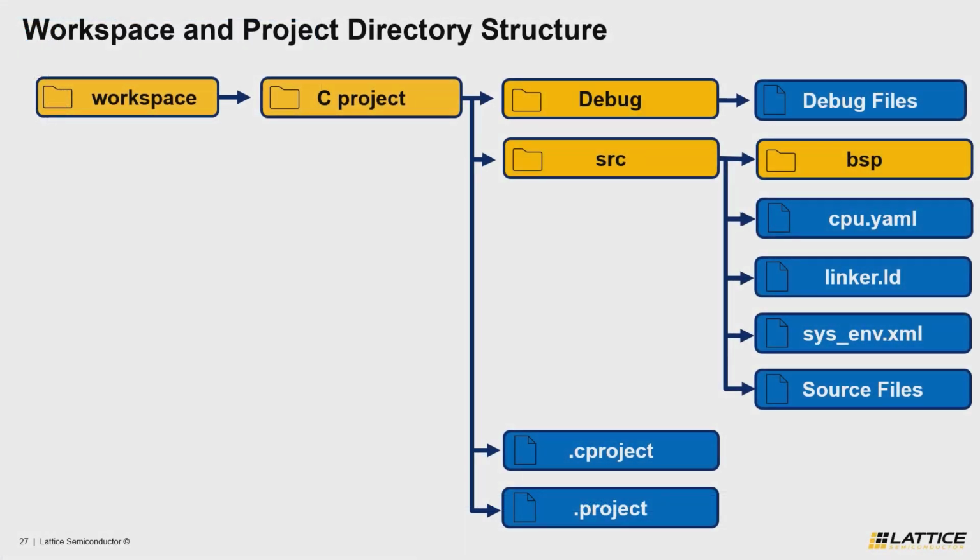So, as was mentioned before, the workspace that you select when loading Propel SDK controls the projects that are available for development. In this example graphic, only one C project is listed. However, depending on your workspace selection, there may be multiple other projects that appear in this location. Within the C project directory are a few various files and folders.